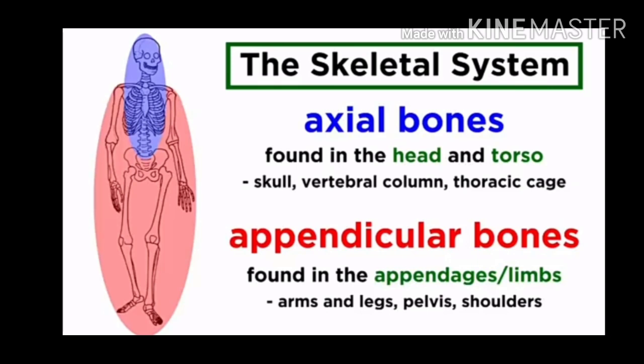Our skeletal system is basically divided into two categories on the basis of the bones they are made of. Axial bones, which are found in the head and torso: the skull, vertebral column, and thoracic cage. Second is the appendicular bones, found in the appendages: limbs, arms, legs, etc.